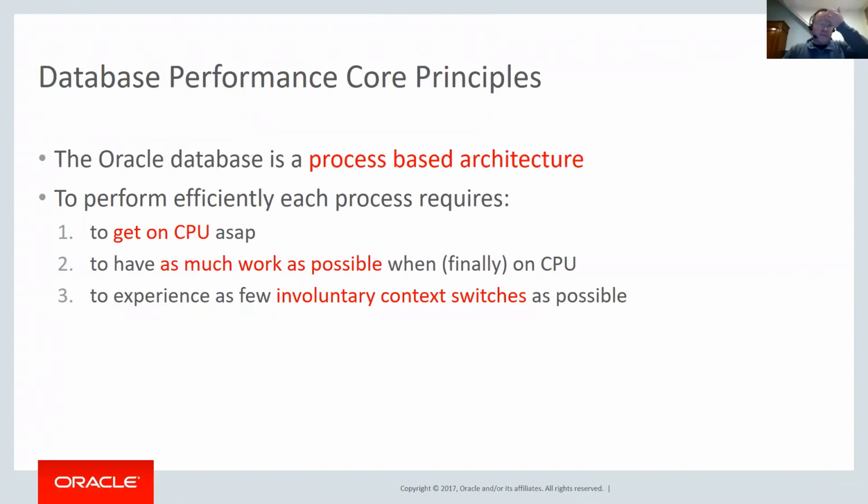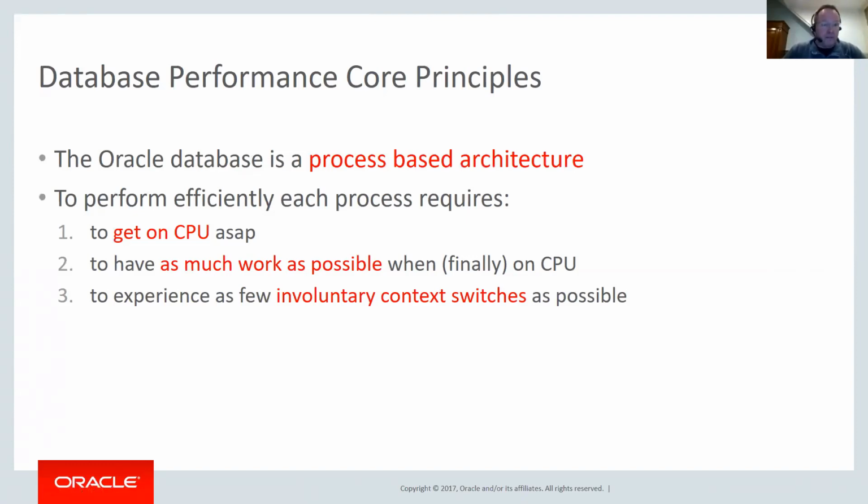Now, the fact that Oracle database is a process architecture means that for a process architecture to perform efficiently, you need a couple of things. You need, for a process, once it has work to do, to get on the CPU as soon as possible.